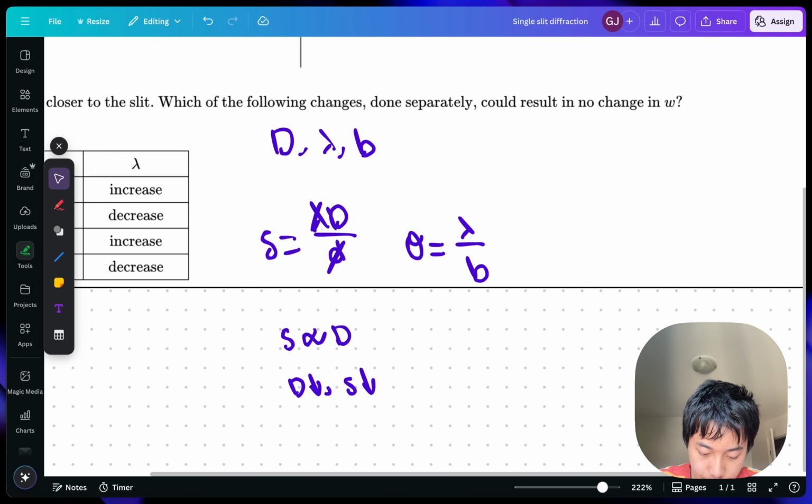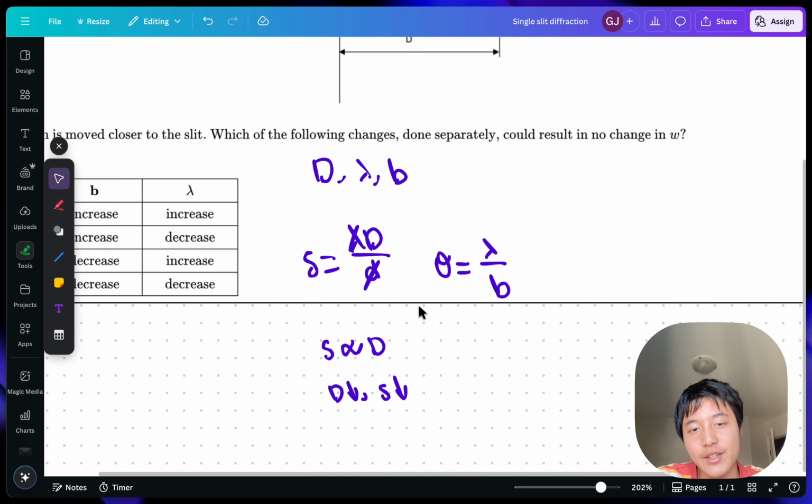The angle is also another indicator of the fringe distance or the central maximum width.